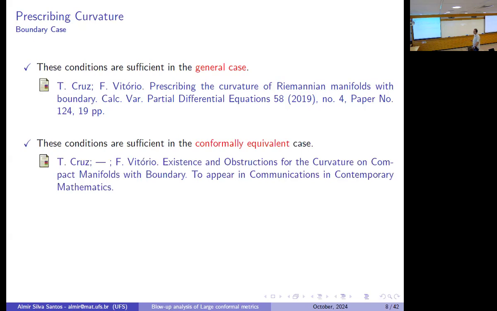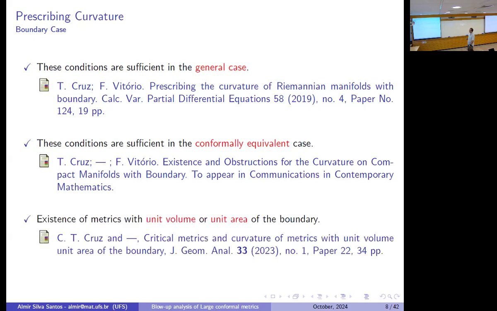And recently, we proved that these conditions are sufficient also in the conformal equivalent case. You can find a diffeomorphism such that these conditions are sufficient to solve the problem in the conformal equivalent case. And also, we study this problem asking for a restriction on the volume or on the area of the boundary.